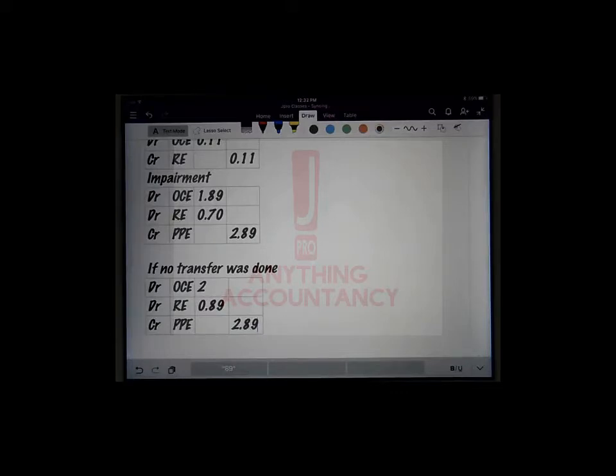It depends whether there is a transfer policy or not. If there is a transfer policy, it goes up. No transfer policy is like this.